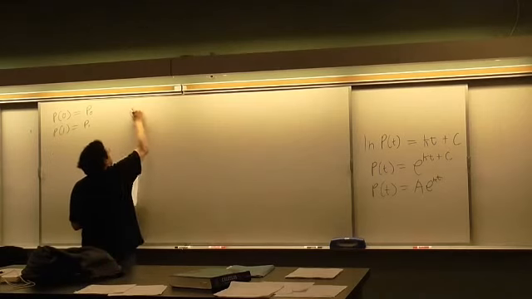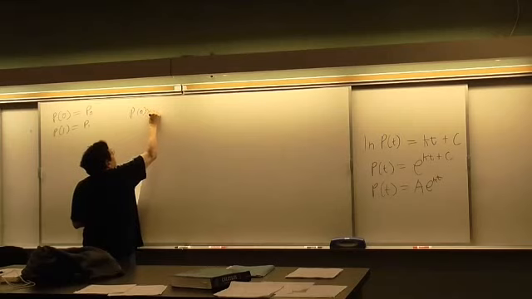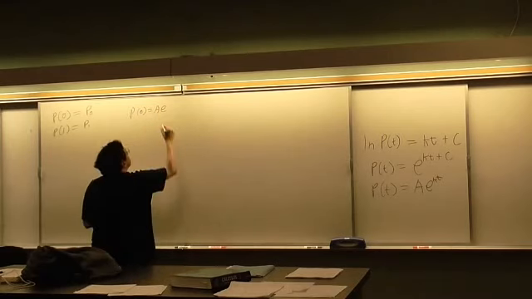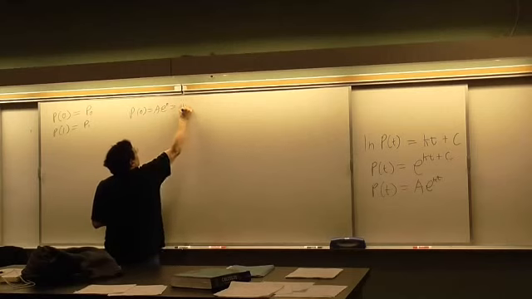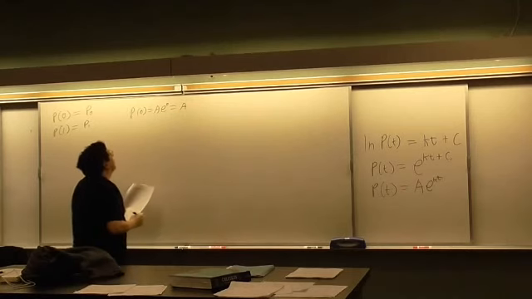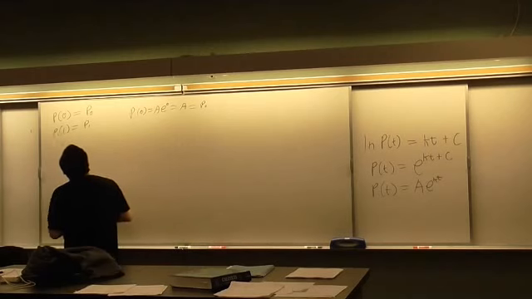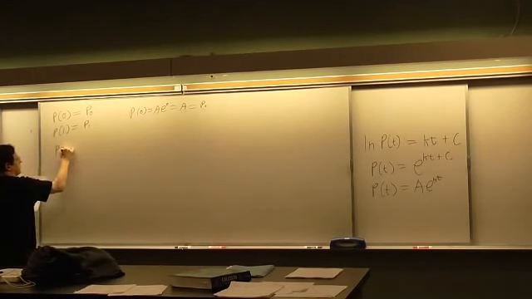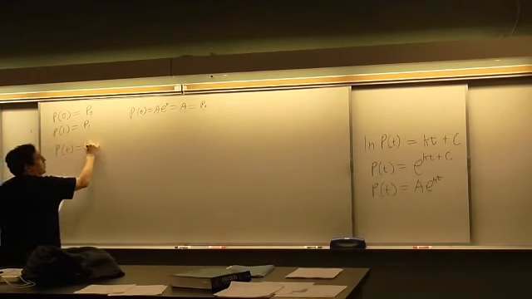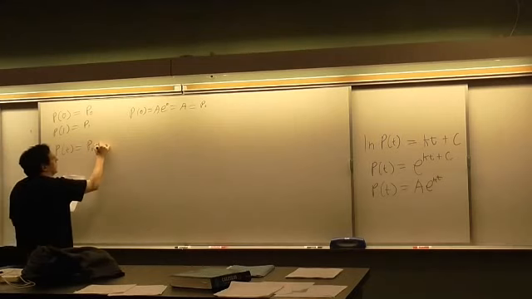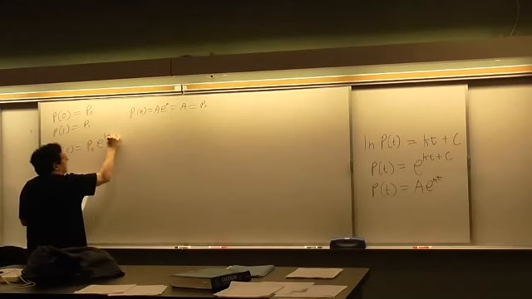At t equals 0, we have a e to the 0, or 1, times a, which is our p of 0. So we now know that our function p of t is p0, the initial population, times e to the kt.